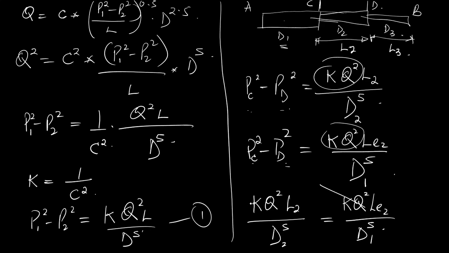Now we cancel out these, they are the same. So for us to get the equivalent length that will give us the same pressure difference between here and here, the equivalent length LE2 will now be D1 all over D2, raised to power 5, times L2.